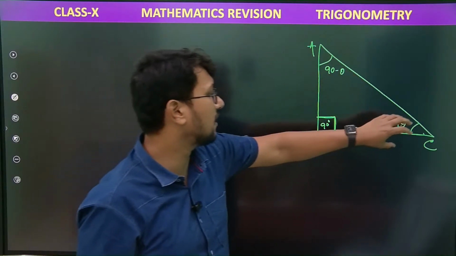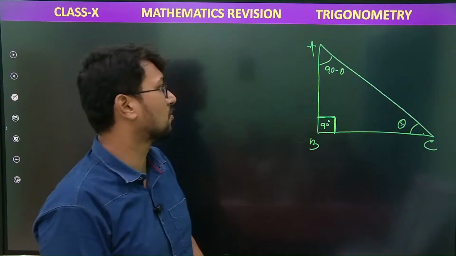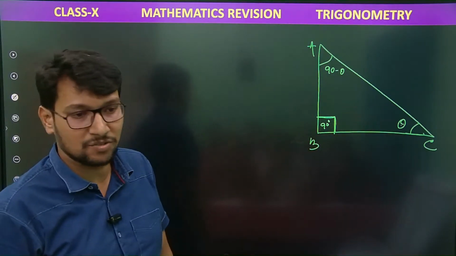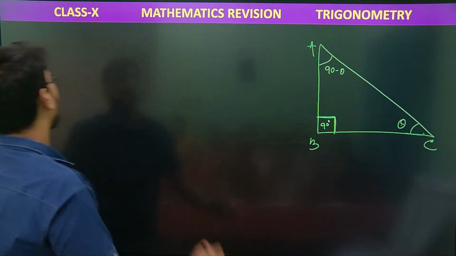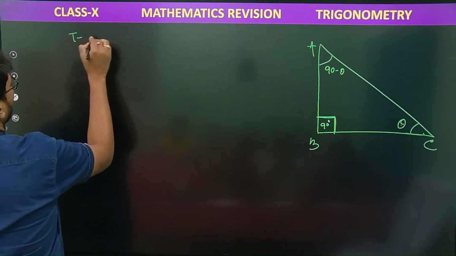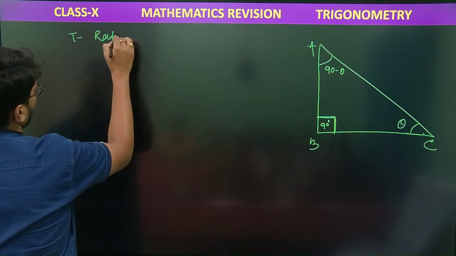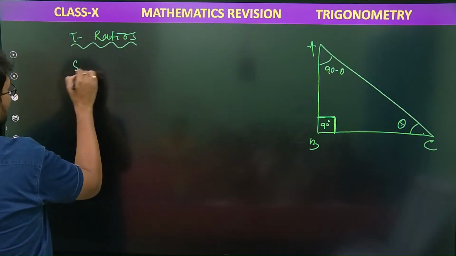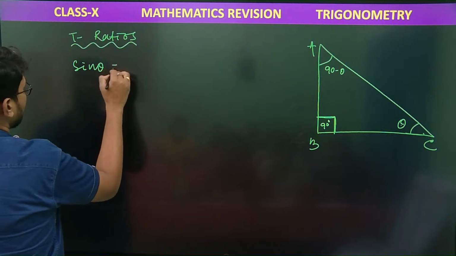Now we will discuss the trigonometric ratios for angle theta. Tell me everyone, how many T ratios are there? 6 T ratios.